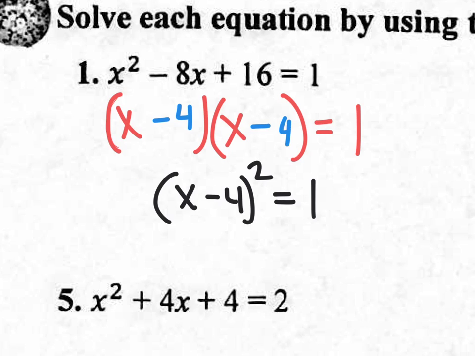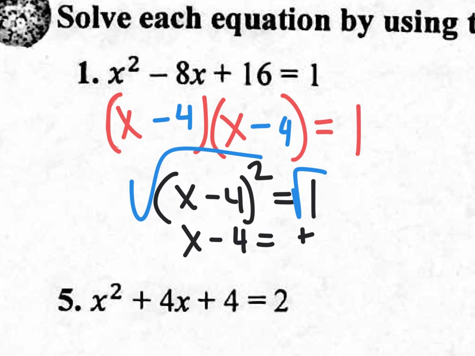And then you're going to apply the square root. So you will have x minus 4 equals plus or minus the square root of 1, which is really plus or minus 1. So for your final step, you're going to add 4, and you're going to add 4.